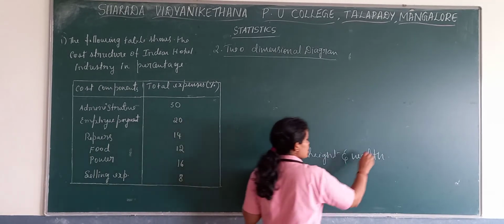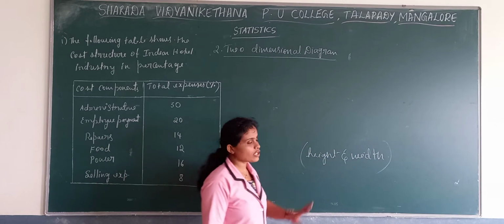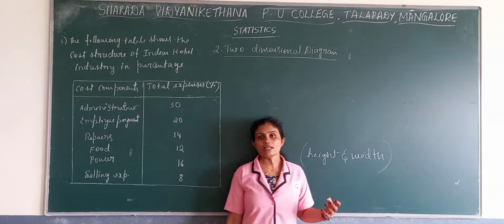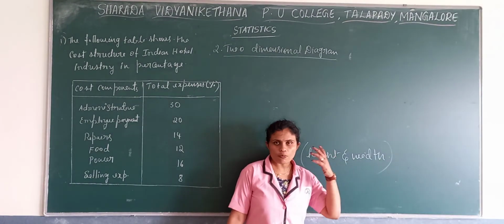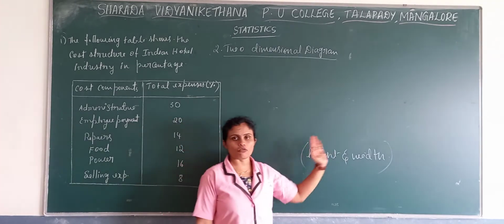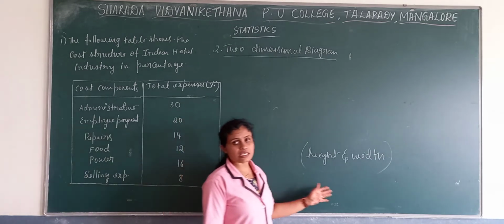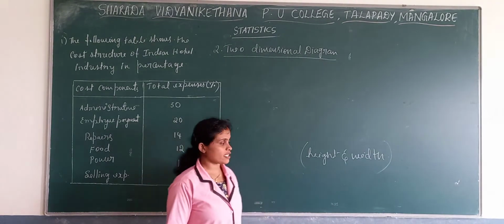But here we consider two dimensions, height and width, so we call it a two-dimensional diagram. In the case of a bar diagram, we consider the height as well as the width of the bar, that means we consider scale along the x-axis and also the y-axis.